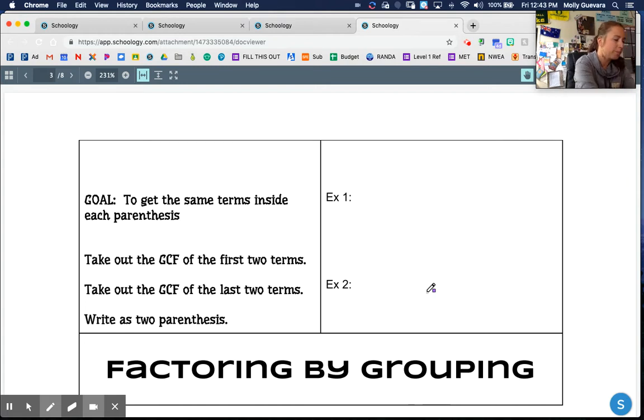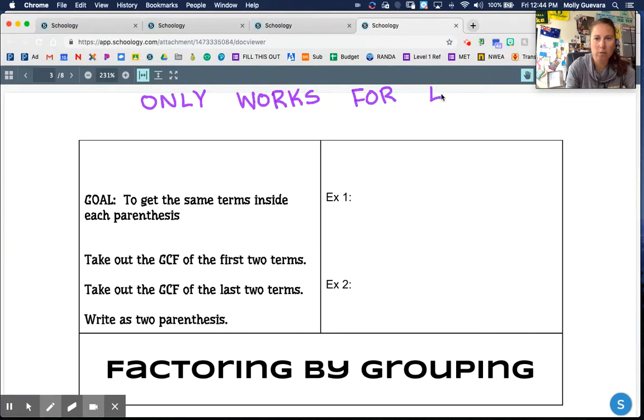So factoring by grouping is super helpful, but it's only helpful in one situation. So on the top of, see how I did it on the top of the page before? I want you guys to write down that this only works for 4 terms.